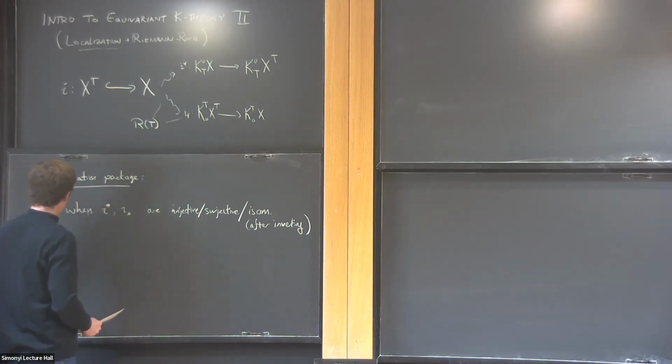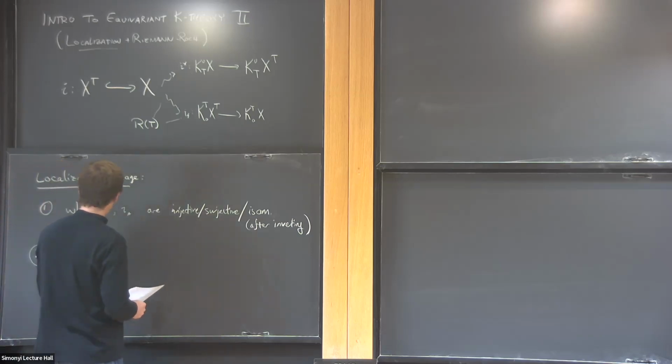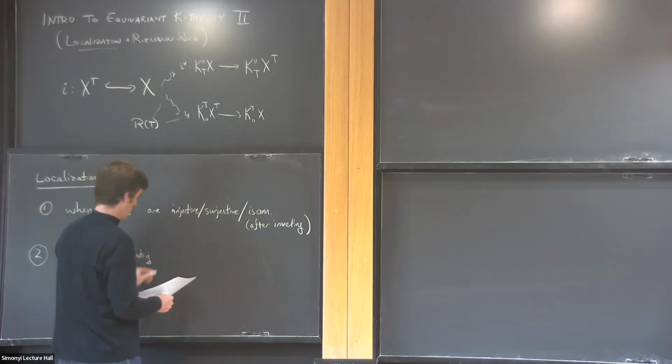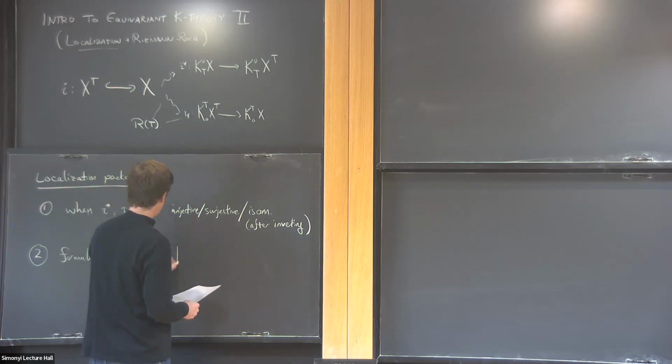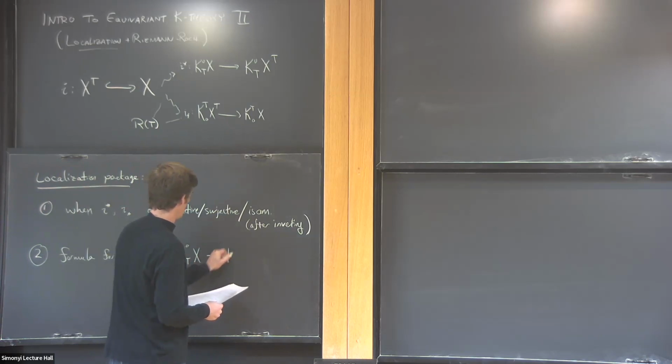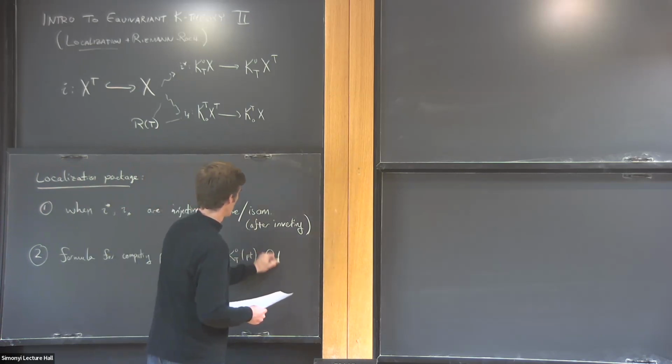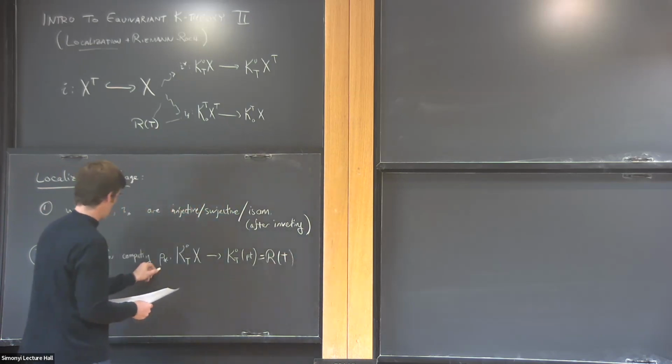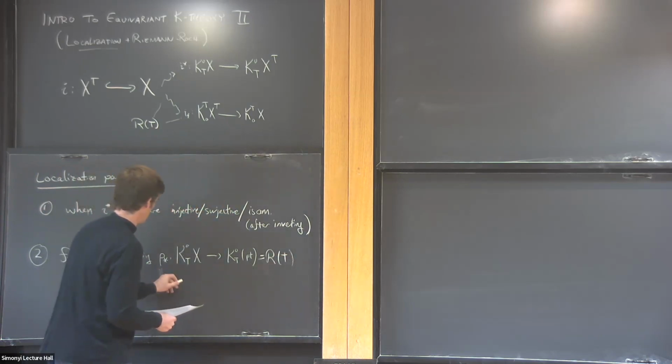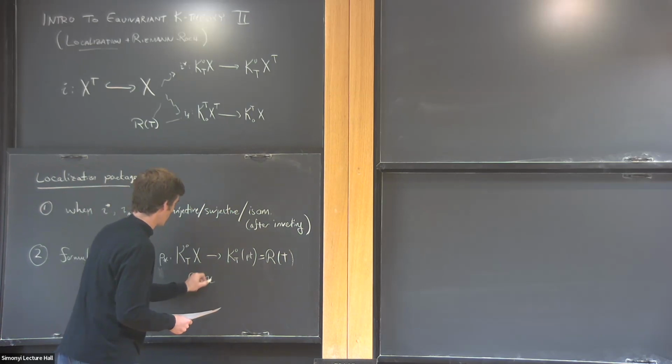The second part, which is what gets used the most maybe, is a formula for computing push forwards, and in particular the push forward to a point. Which is the representation ring, and this gets identified with the Euler characteristic.